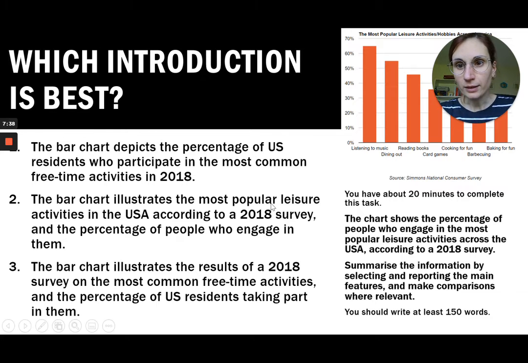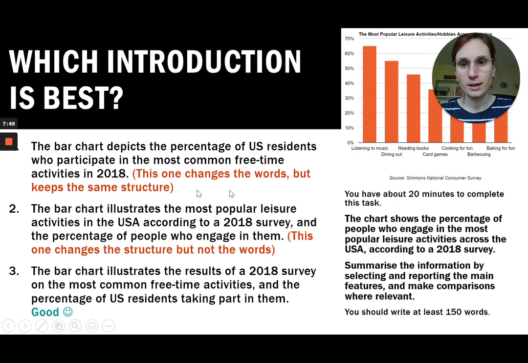So, number 1, the bar chart depicts the percentage of US residents who participate in the most common free time activities in 2018. The problem with this one is that it changes the words, but it keeps the same structure. So it's still very similar to the question. Instead of saying the chart, it says the bar chart depicts.